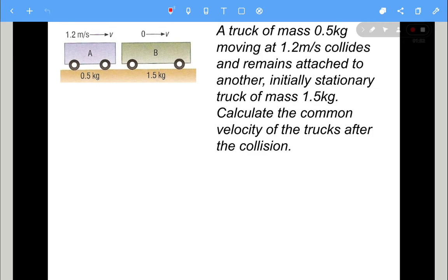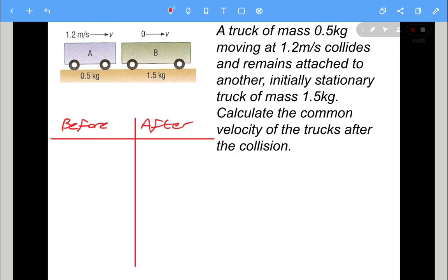What you should do first of all is divide the screen up. So there should be enough room. We want to look at the momentum of everything before the collision and then the momentum of everything after the collision. So I'm just going to write before and after.